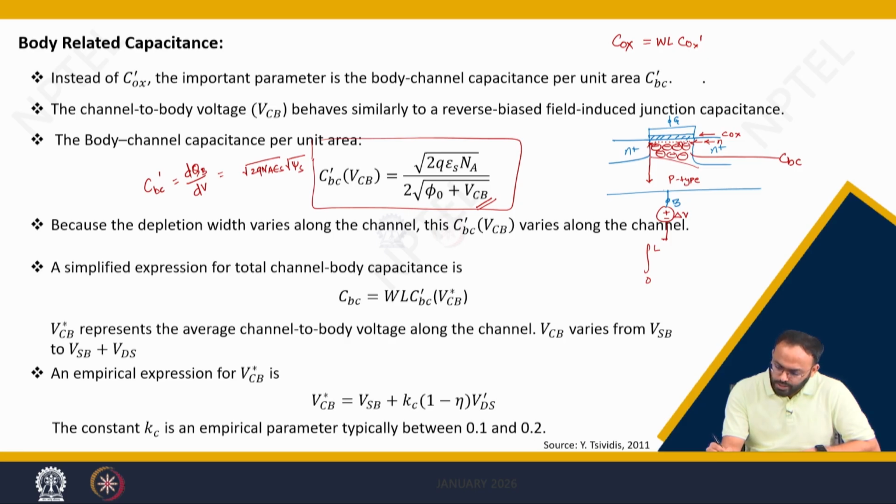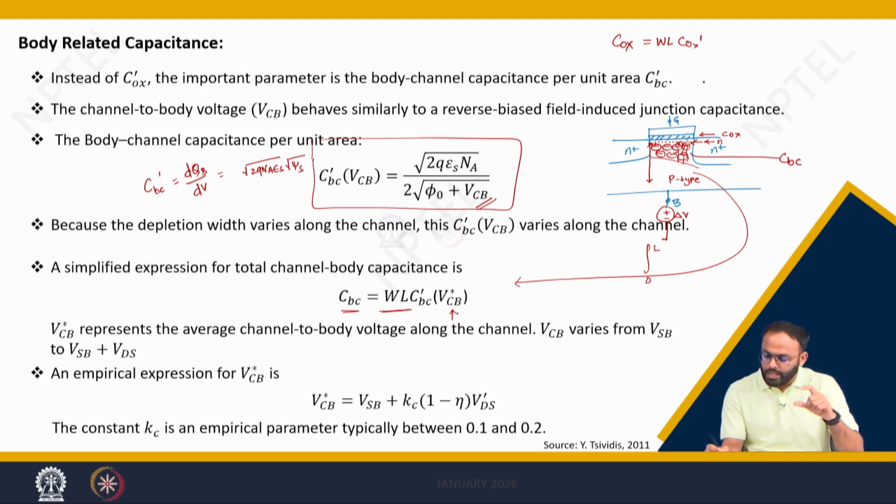So the capacitor due to this depletion region is CBC, right? And following a simple way, we are simply multiplying CBC into area, where CBC is calculated at a particular VCB, right? Let's say the voltage between VSB and VDB is the limit of VCB, right?